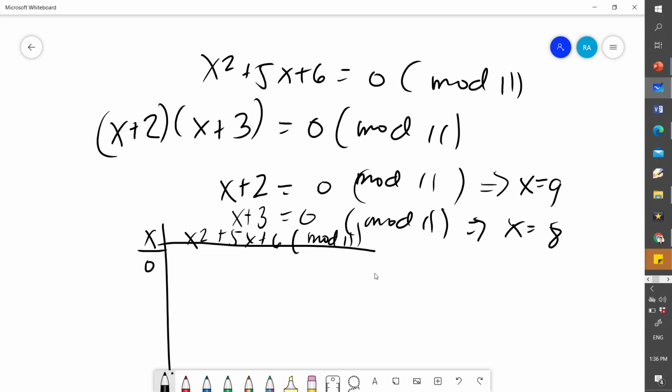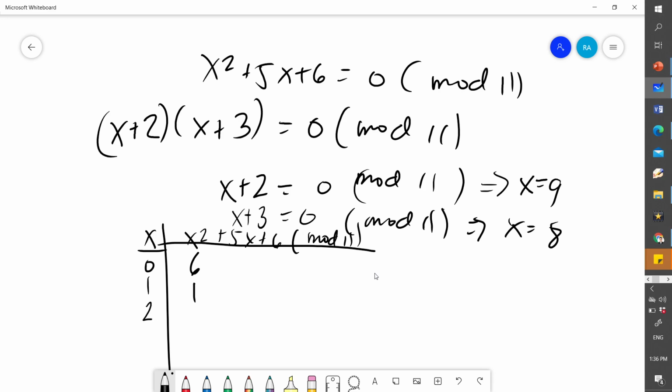So 0 squared plus 5 times 0 plus 6 is equal to what? 6, right? Mod 11. Plug in x is equal to 1 will give us what? So 1 squared, 1, plus 5, so 6 plus 6 is equal to 12 mod 11, which is what?